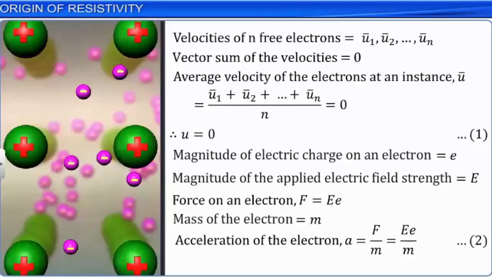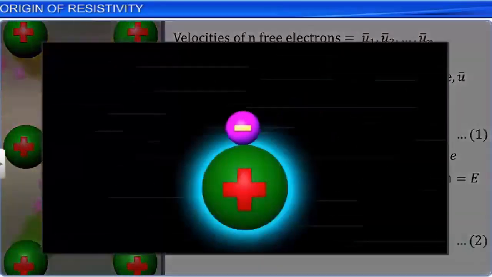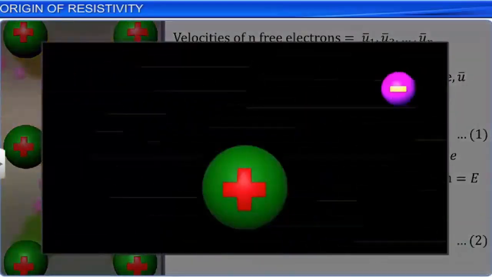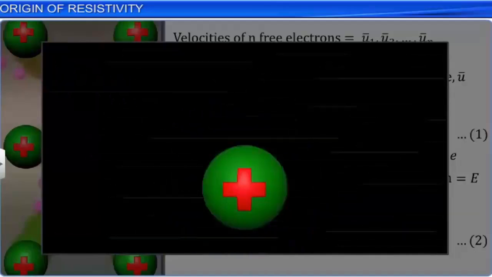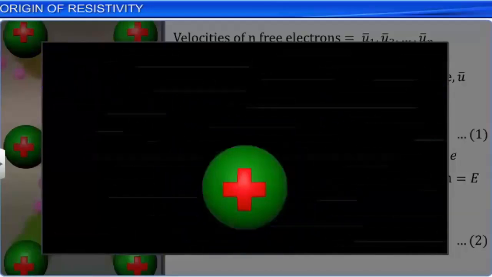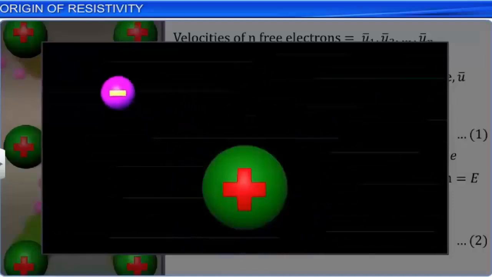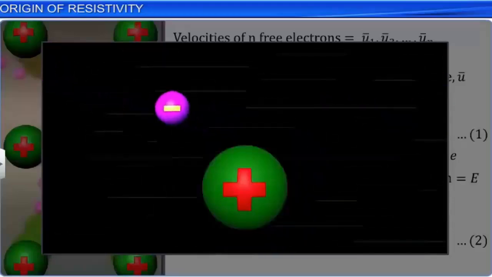With the acquired kinetic energy, the free electrons collide with the atoms within the conductor. During such collisions, the electrons give up their energy to the atoms. Hence, their velocity decreases. Immediately after the collision, the free electrons are accelerated due to the applied electric field.